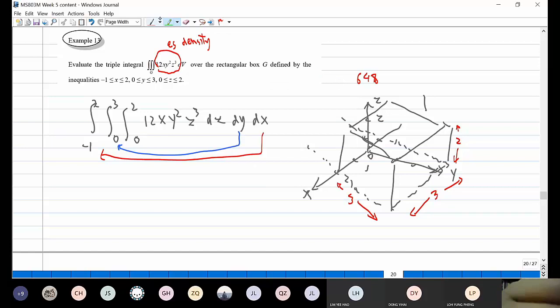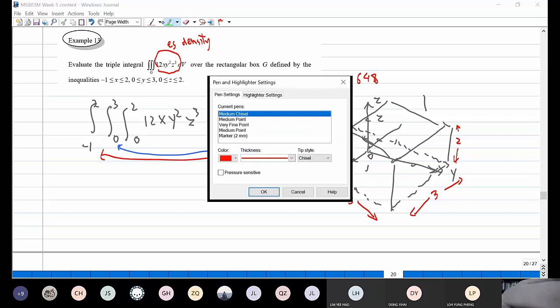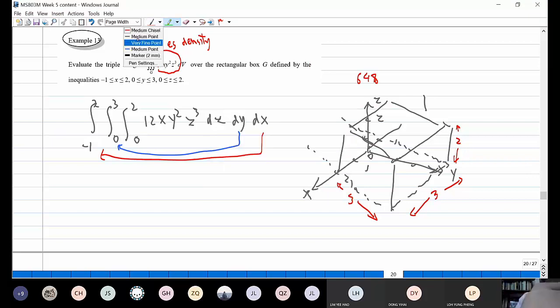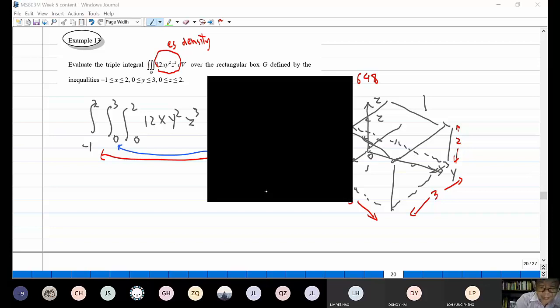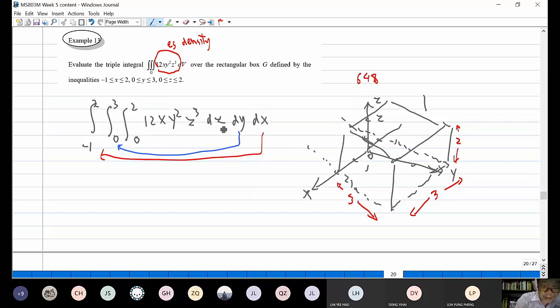Okay. Z, let me use a different color. Let me change this one, Z first. Use a black color. Medium point. Okay. Z is this one.